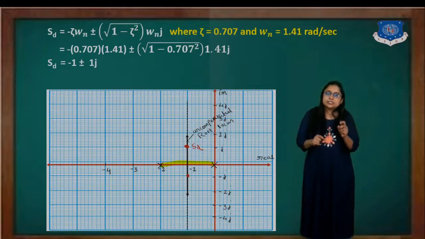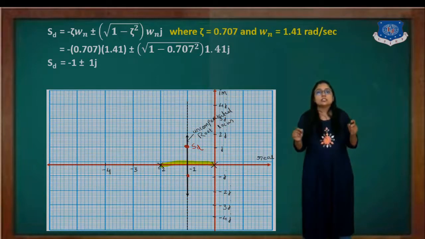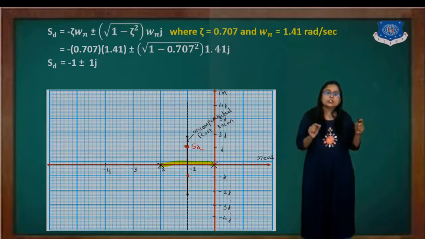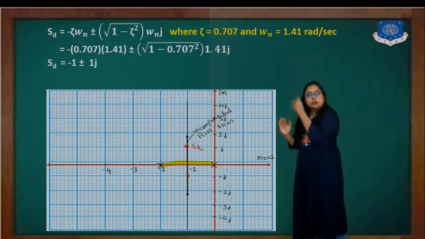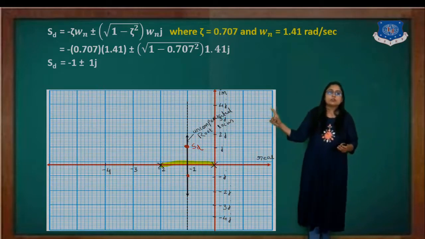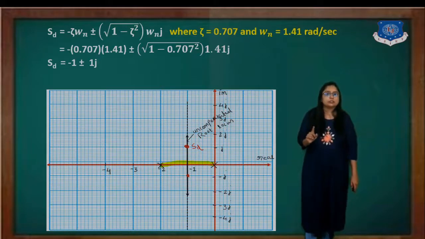Whenever you have SD on your uncompensated root locus, that means you have to design the lag compensator. If your SD is not on your uncompensated root locus, then that problem is for the lead compensator. Remember this point.